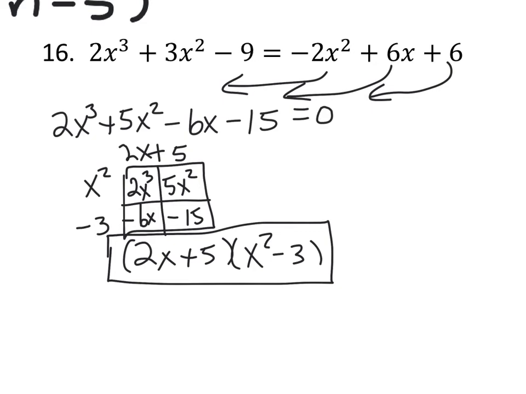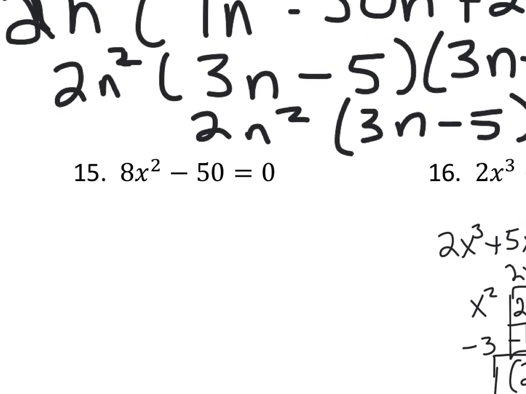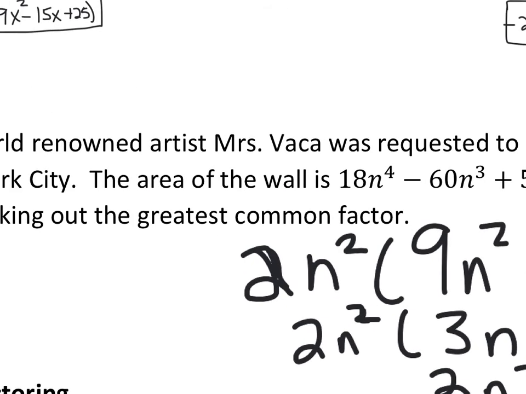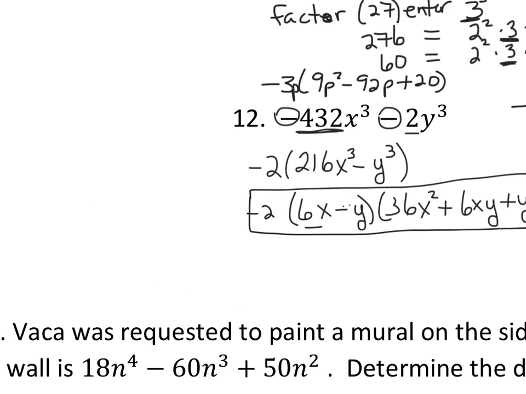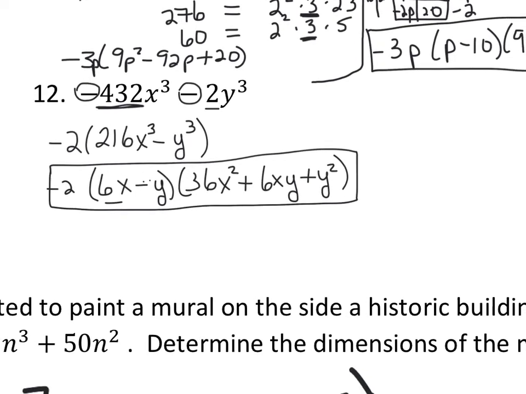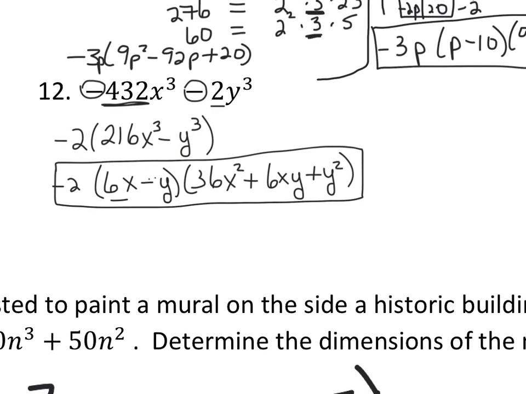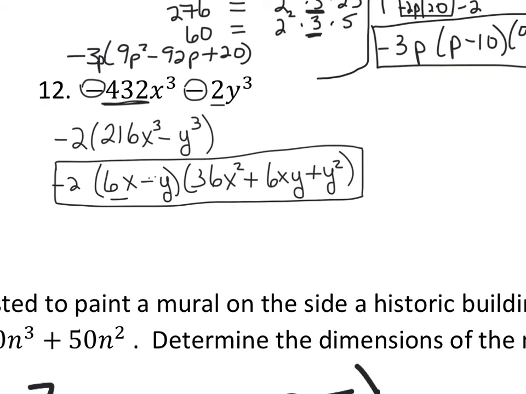All right, so if you didn't already catch it, there was a mistake on problem 12. So let's go back to problem 12 real quick here, and I want to correct that. Right here, I said that we factored out a negative 2.